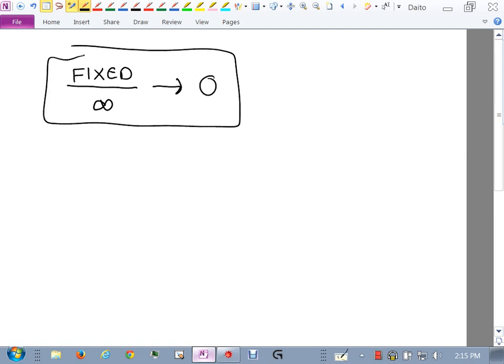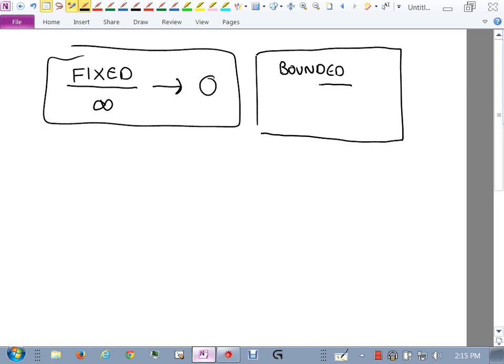What I would like for us to add to this is this idea: if you have a bounded numerator over infinity, it's going to go to 0.